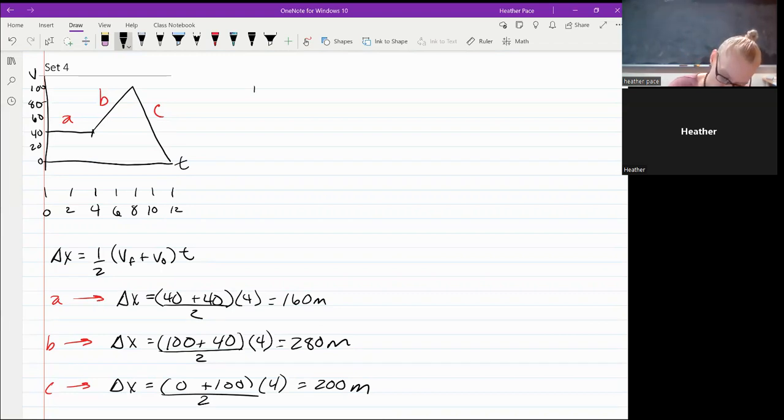So let's just draw a graph right next to our velocity. So when velocity is constant, we're going to have a linear relationship of X and T. So when velocity is here, it's 40 meters per second. If it's a constant 40 meters per second, our position is going to change at a constant rate.